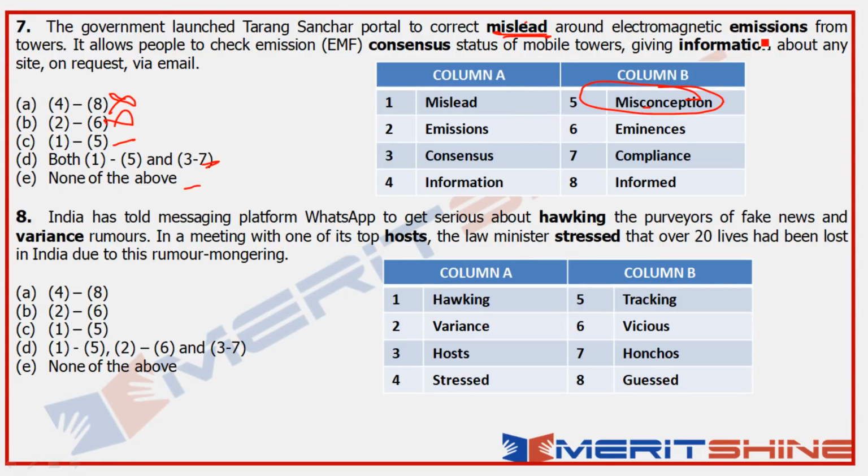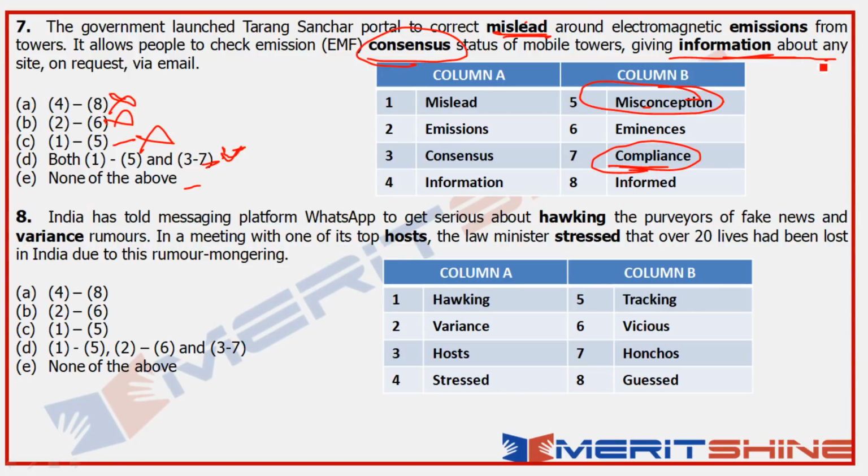So around electromagnetic emissions, okay, that's perfectly fine. It allows people to check emission consensus status. So emission consensus status seems odd. What is the option? Emission compliance status. So this is perfectly fine. So D can be the answer. This is eliminated, but still we'll move on to the last one.